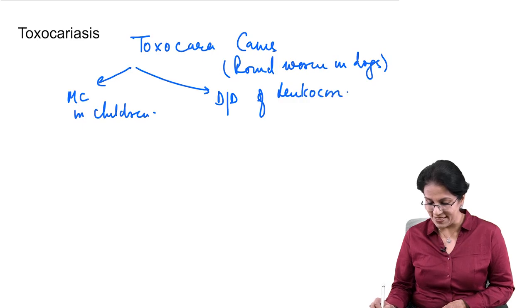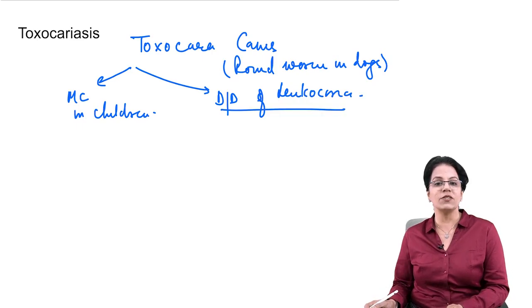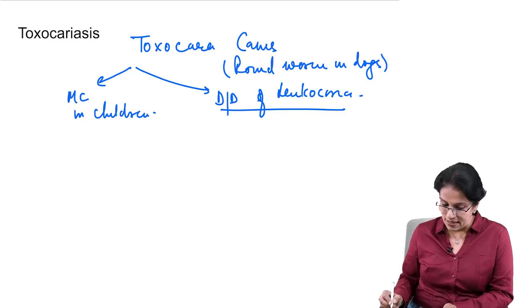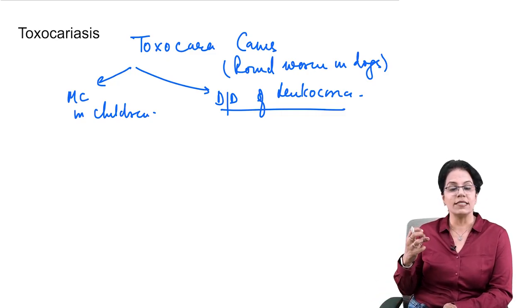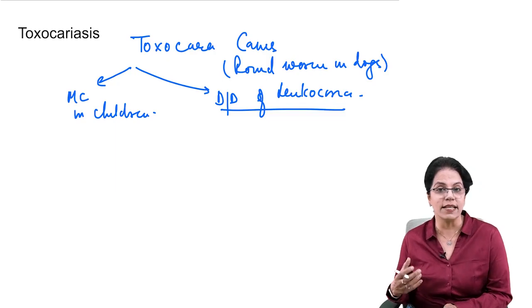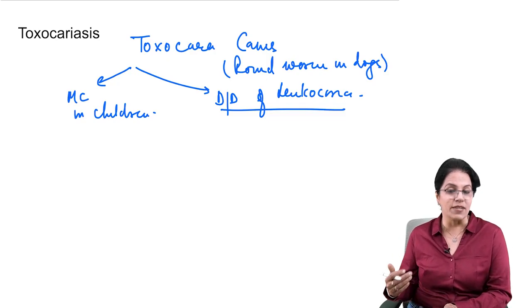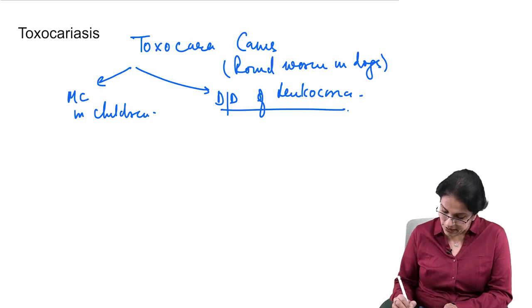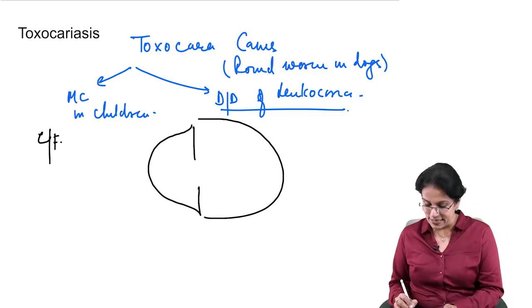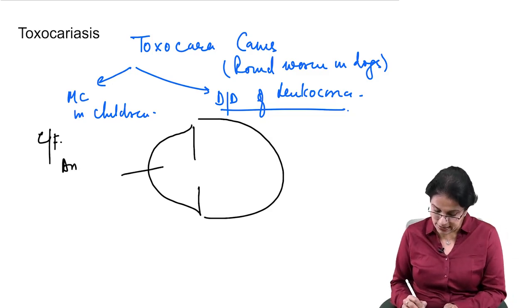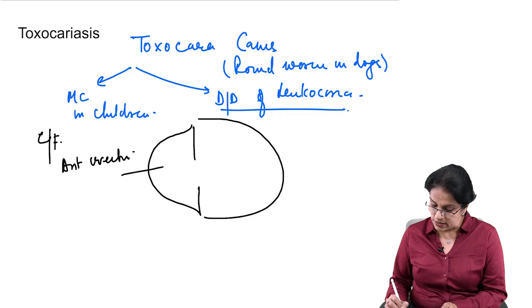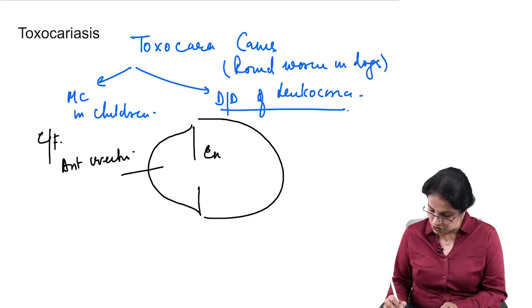Now, why do we do this? Let's see. What is toxocariasis causing? Number one, of course, there are choroiditis patches and mainly it is causing an endophthalmitis-like picture. That is why you get a white eye reflex. So, we'll make a diagram here. Clinical features, right? It can cause anterior uveitis. It can cause intermediate uveitis. It is causing mainly an endophthalmitis-like picture, right?